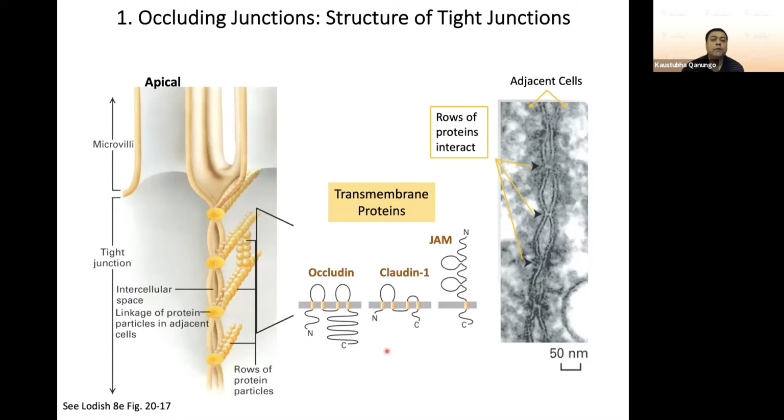There are 3 proteins, that is the important part. What are these proteins? There's a protein called occludin with 4 transmembrane domains. Then you have claudin, which also has 4 transmembrane domains. And then there is JAM, which is just a single pass transmembrane protein. All these basically stitch them together. And this is the structure of a typical tight junction.